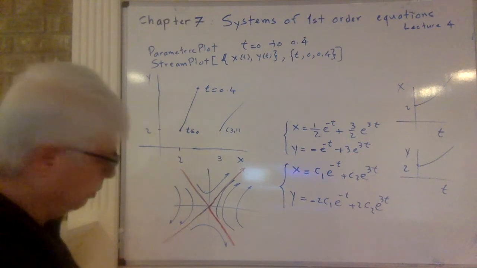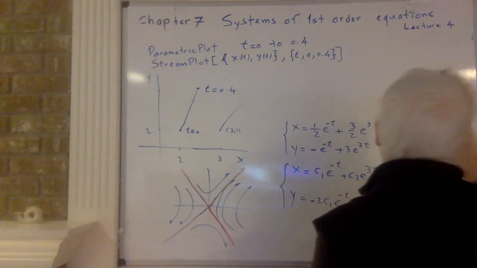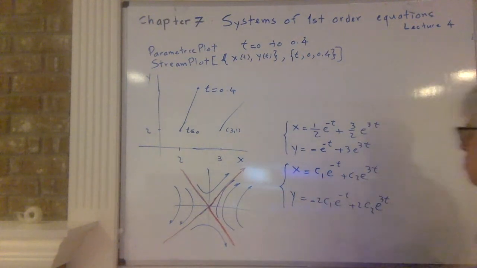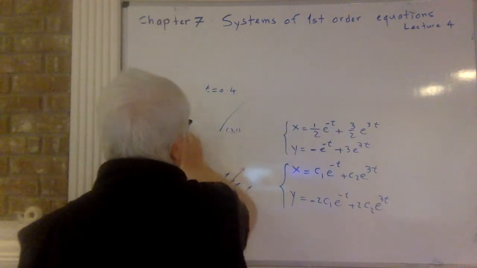I just found one of them. Okay, so what happens as t goes to plus infinity? Let's analyze this as t goes to infinity, and let me erase these things and just keep this one here.